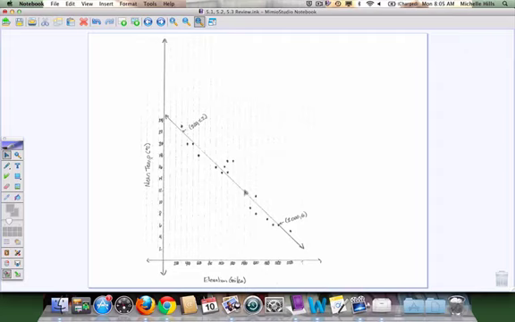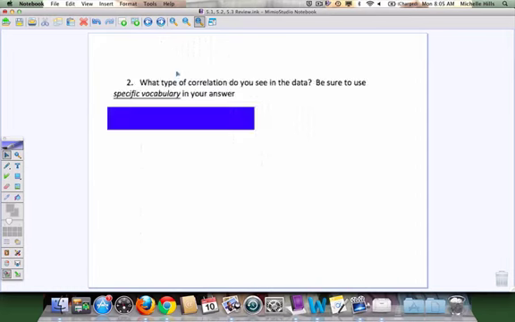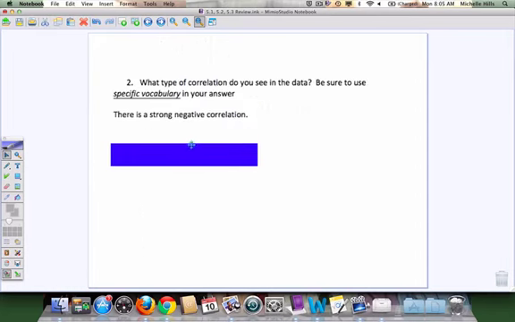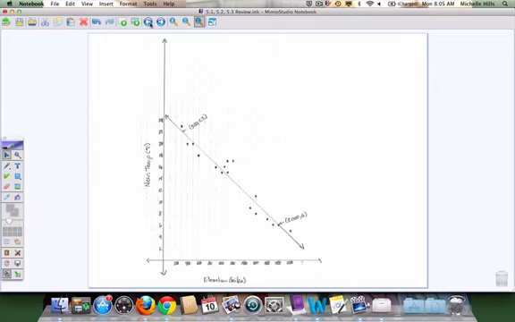They're not scattered all over the graph. So I said that it is a strong negative correlation, because as the elevation increases, the mean temperature decreases, and the points are all reasonably linear.